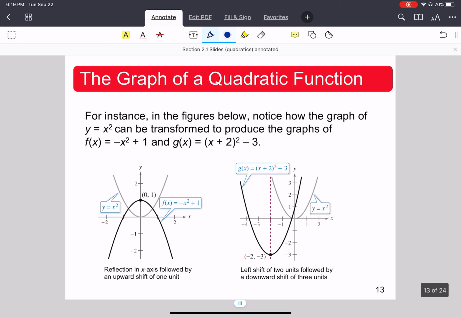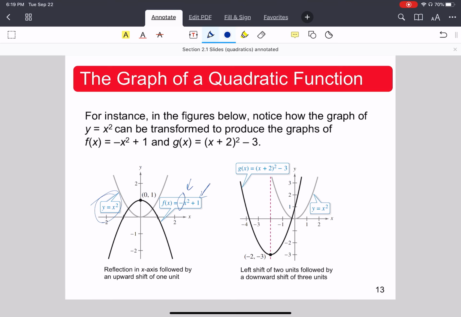So here are a couple of examples where you see that parabolas are being shifted or transformed. On the left-hand side, as you can see, x squared is shown in gray, and then this other function seems to have been flipped or reflected over the x-axis because it has the negative right here, and then it's been shifted 1 unit up because it adds 1 to that whole thing.